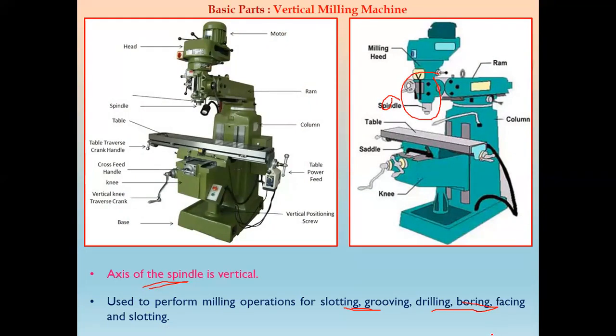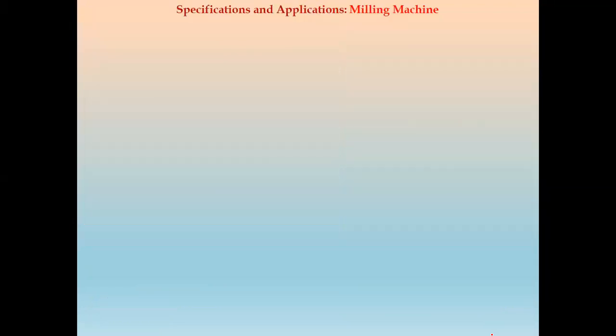If we replace this milling cutter with a drill cutter or drilling tools, then we have a drilling operation, boring operation, and facing operation as in a drilling machine. So drilling operations can be done only in a vertical milling machine, not in a horizontal milling machine.